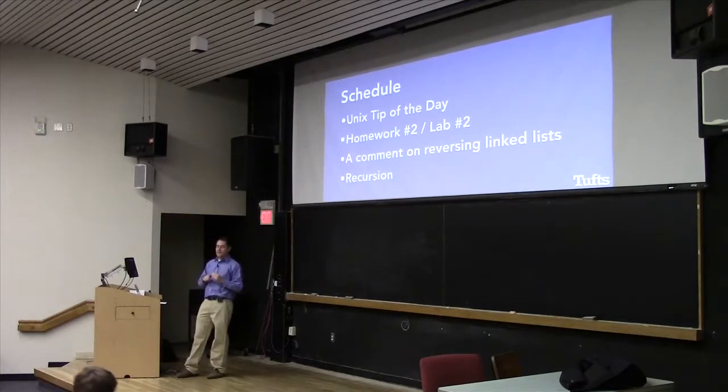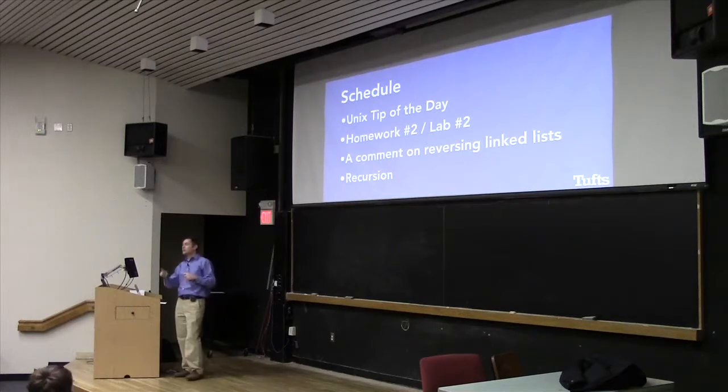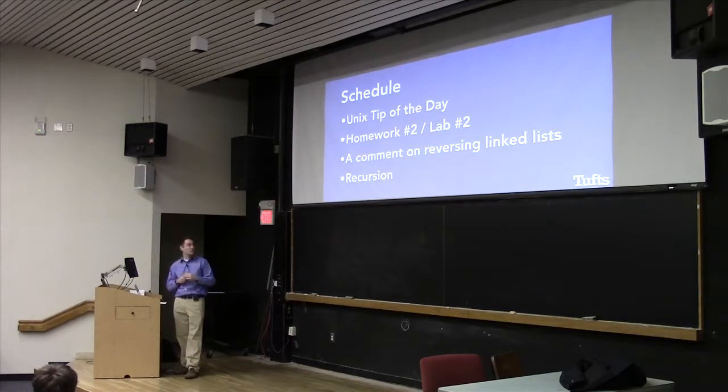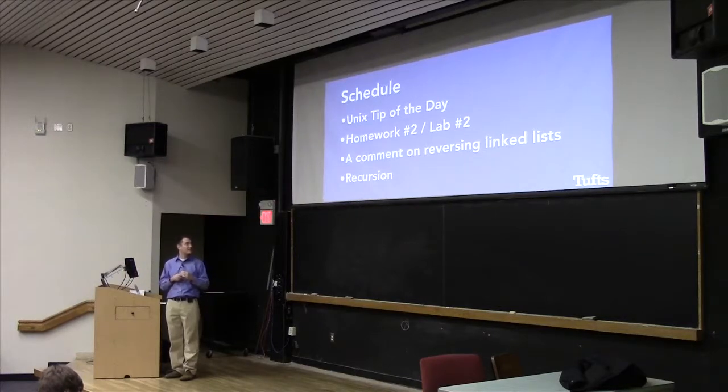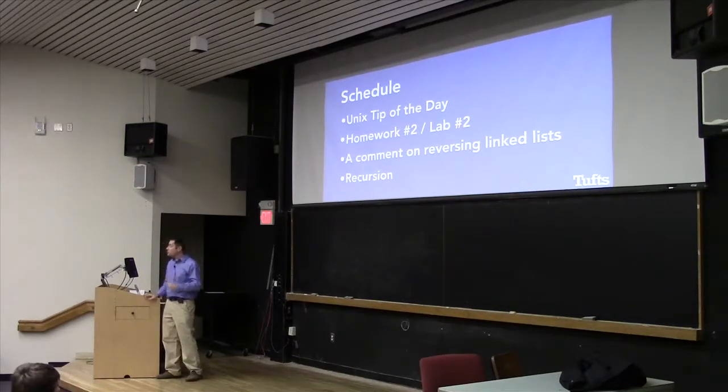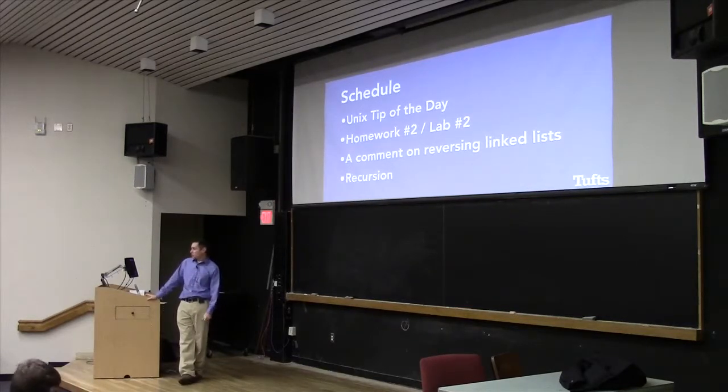It's a little bit trickier than what you'll have to do for homework 2, but it's similar, so you'll be able to use what you do in Lab 2 to help out on homework 2. And then I'll make a comment about reversing linked lists. In fact, I will start with that instead of the Unix tip of the day today. And then finally, we're going to go into this thing called recursion.